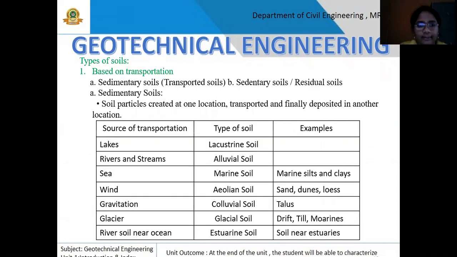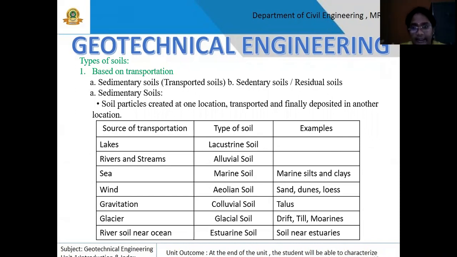The next one is the types of soil. Based on transportation, or the way they are formed, or other conditions, we divide soils into different categories. Coming to the first one, based on transportation, we classify soils as sedimentary or transported soils, and sedentary or residual soils.